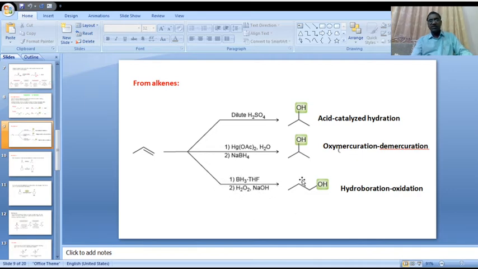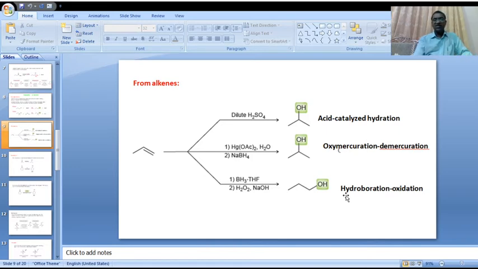This intermediate on reaction with hydrogen peroxide gives 3 moles of alcohol. This reaction is named hydroboration and oxidation reaction. Hydroboration and oxidation steps are involved. Finally we are getting monohydric alcohols.